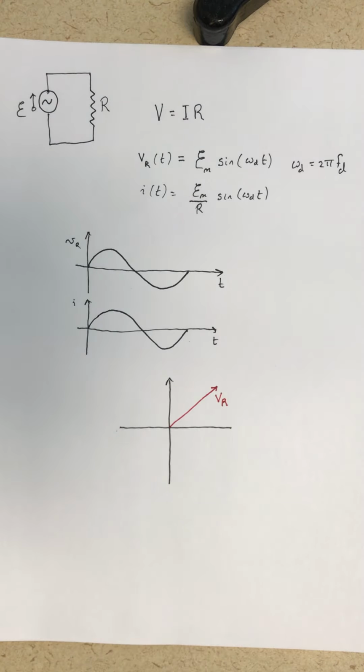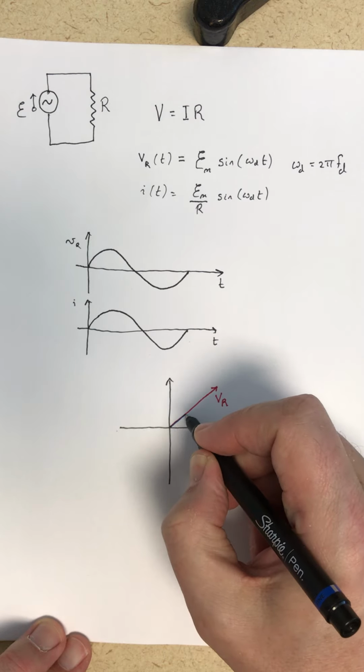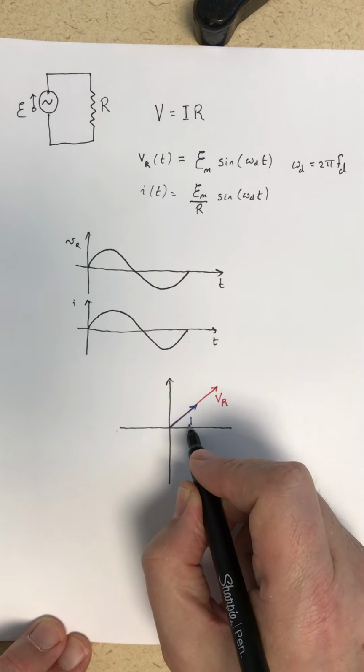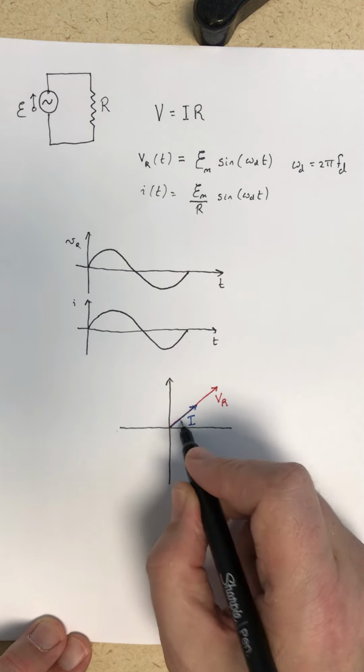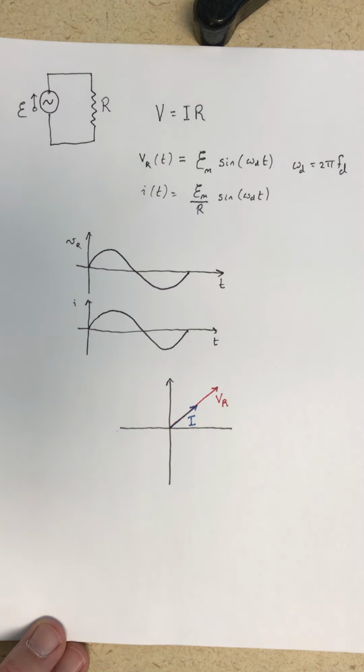And then there's going to be a parallel phasor, because there's no phase offset for the current. And so there's the current amplitude, which would be the EMF over the resistance.